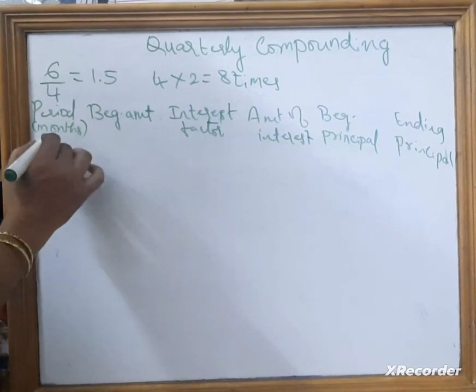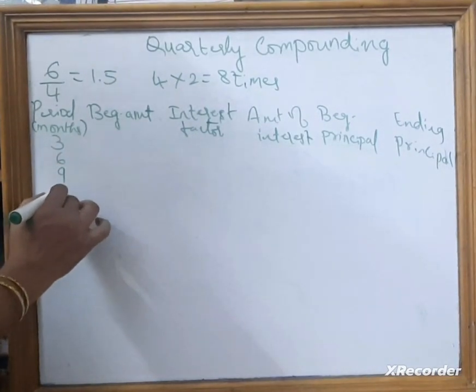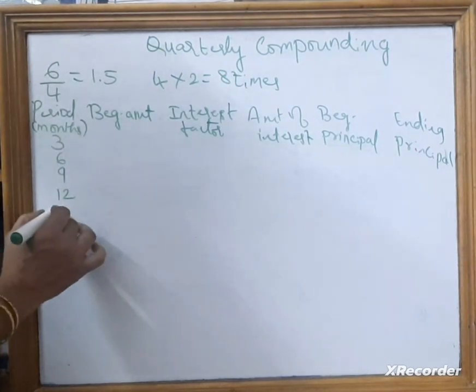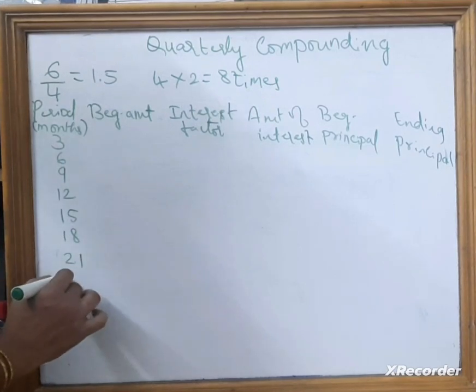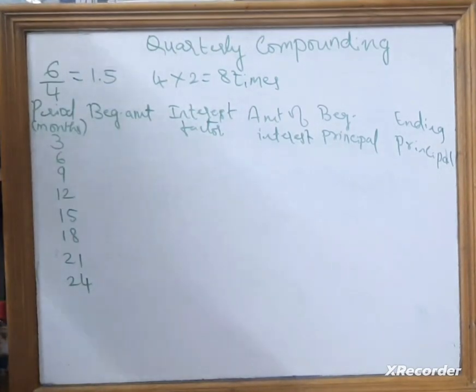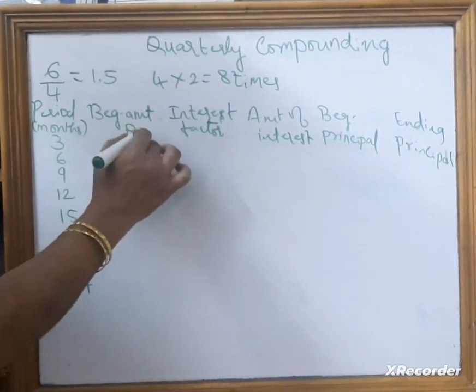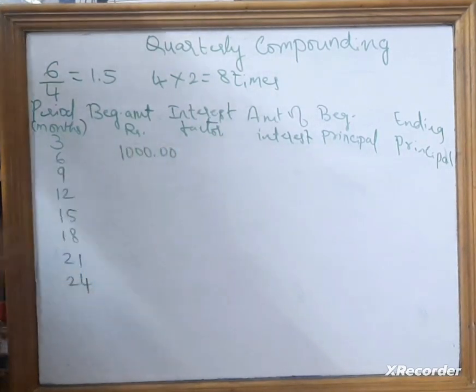So for 3, 6, 9, 12, 15, 18, 21, 24. So what was the beginning amount? Everything expressed in rupees, the beginning amount was 1000.